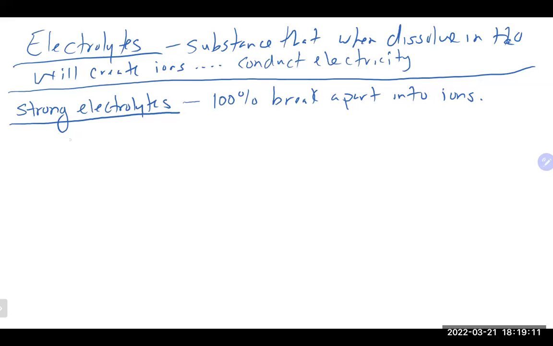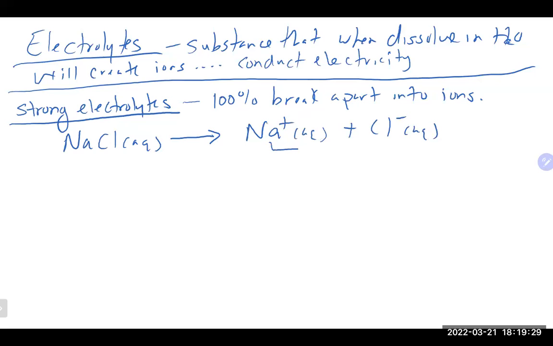So if we took something like sodium chloride solution, really when we look at a sodium chloride solution, it is a strong electrolyte. It is 100% going to break apart into sodium ions and chloride ions. So in a solution of sodium chloride, 100% of what you have in that solution are the ions. You have absolutely zero of these guys still together. There's no sodium chloride units still together in solution.